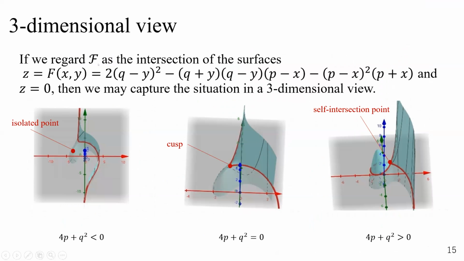If we regard F as the intersection of the surface z equals f(x, y) and z equals 0, then we may capture the situation in a three-dimensional view. These three figures correspond to the solutions of those in the previous pages, respectively.